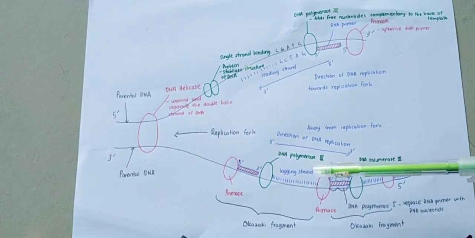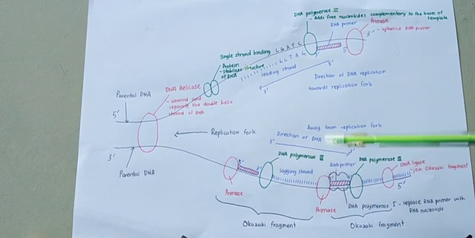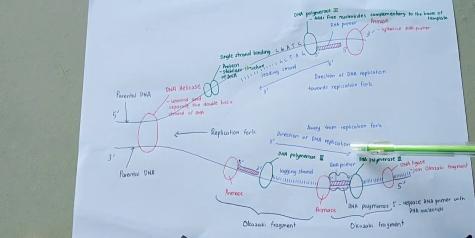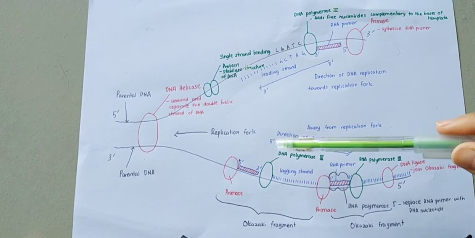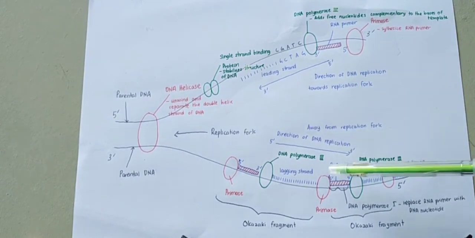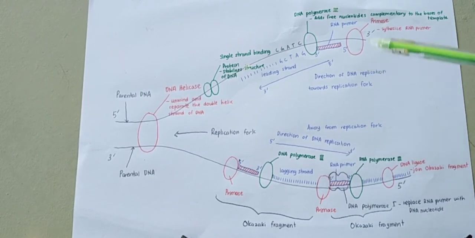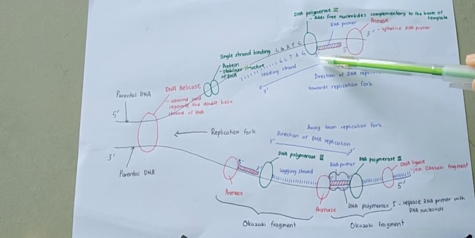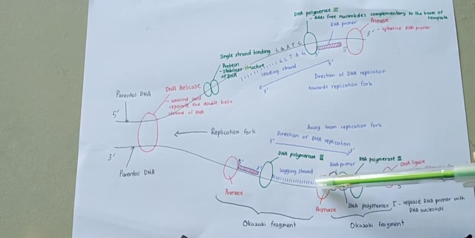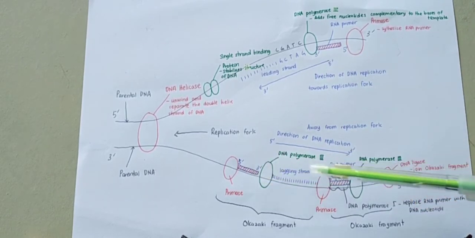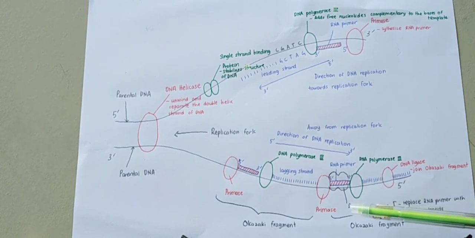Okay, so next, what is the difference with lagging strand? Okay, so remember the direction of DNA replication must be from 5' to 3'. Okay, so apa perbezaan antara lagging dengan leading? Kalau leading strand, it needs only one primase to synthesize RNA primer. Tapi kalau awak tengok beza dekat sini, it needs more than one primase to synthesize RNA primer.